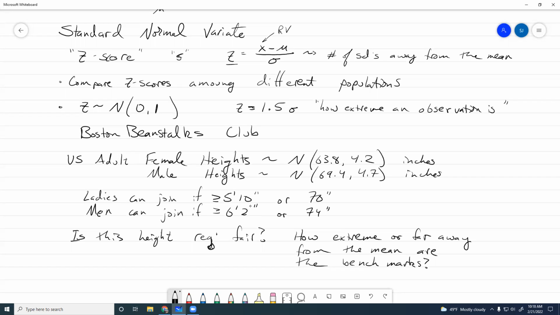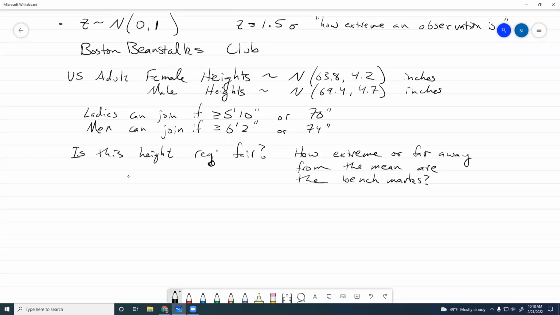Are they both 95th percentile? Are they different? Because that would be a way to compare. Obviously, it's not about whether they are the mean or not. So to compare this, we can use the z-score, which measures how extreme these values are.